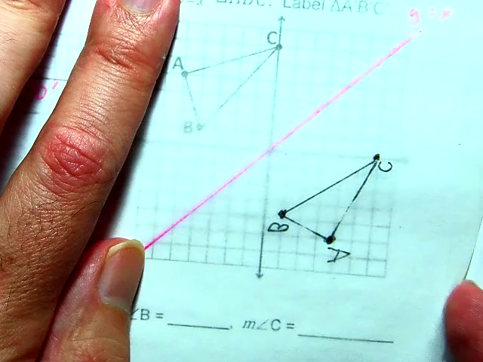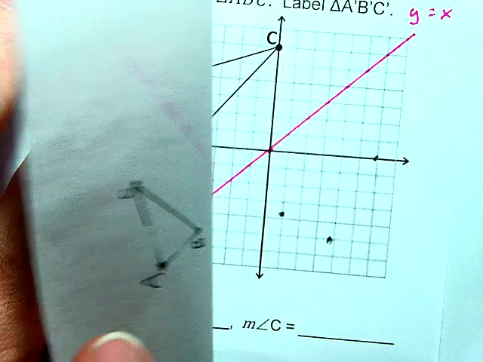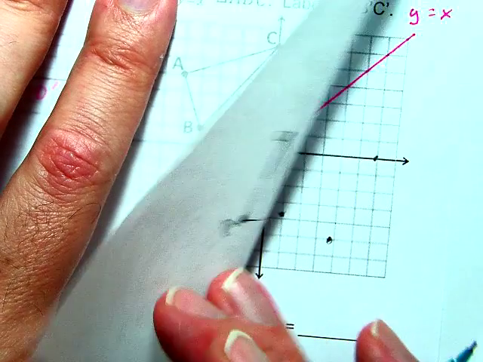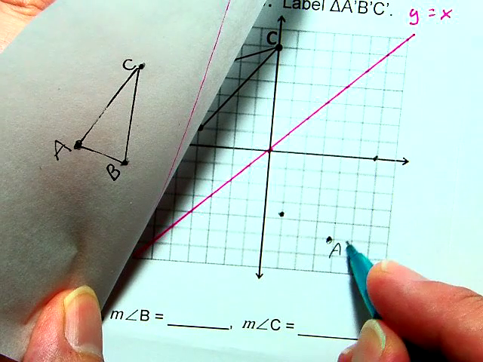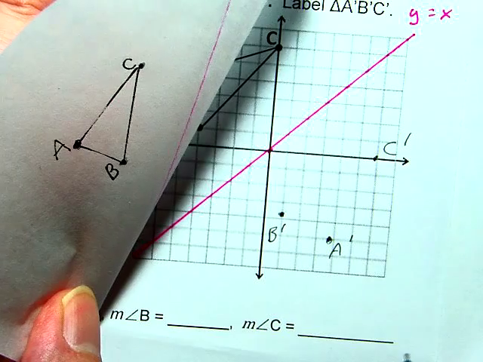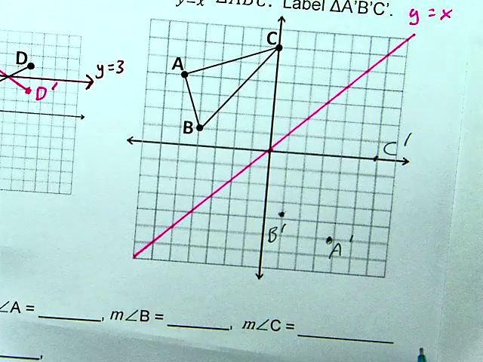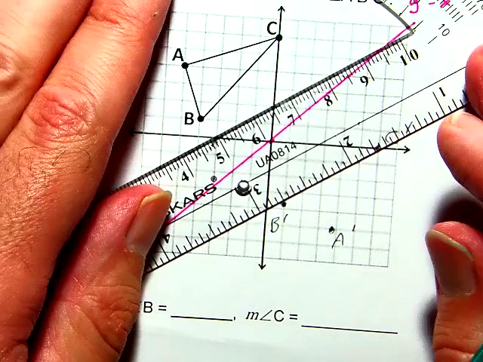And let me just take a peek and see if we've got those points. Yeah, actually, we're very lucky. The points went right through the patty paper. So let's label our points A prime, B prime, and C prime. So these are the reflections. And now let's go ahead, draw our lines.